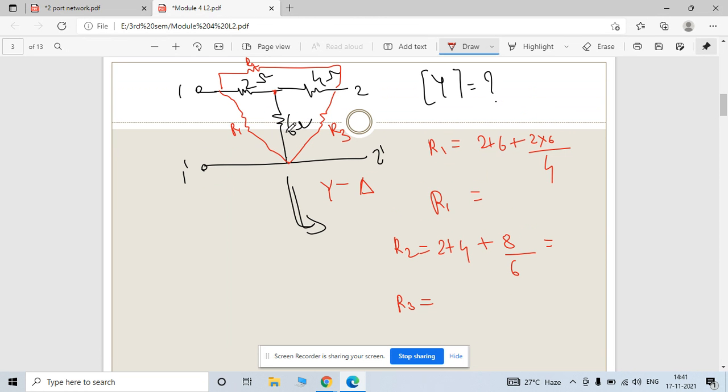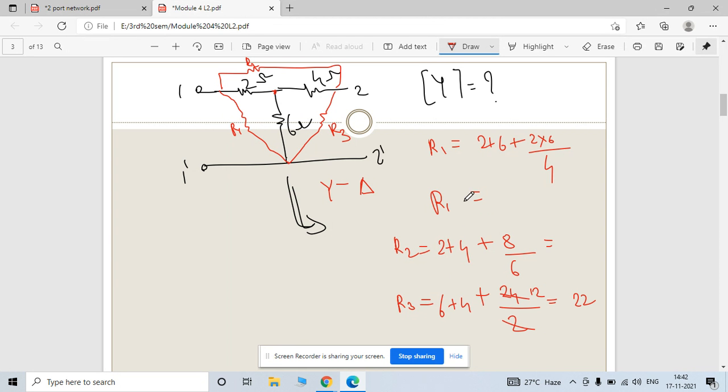This is 6 plus 4, 6 plus 4 plus 24, divided by 2. So when you solve it, this is nothing but 12, and 6 plus 4 is 10, plus 12 is 22.